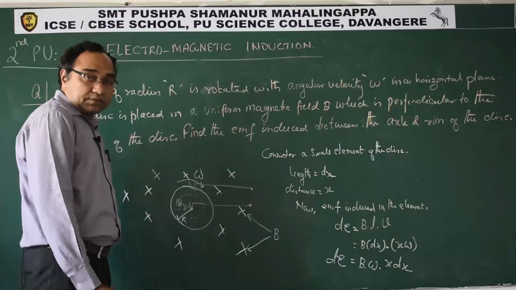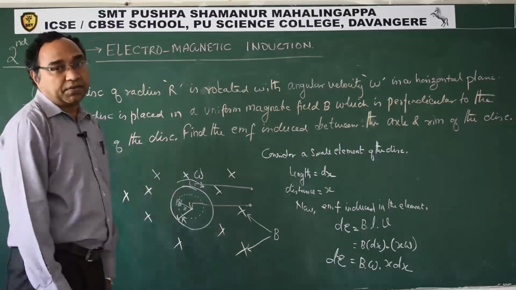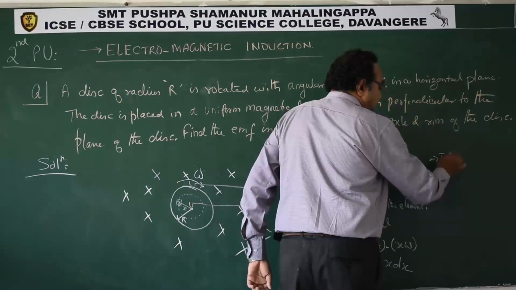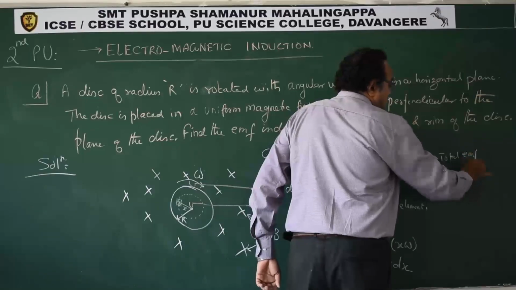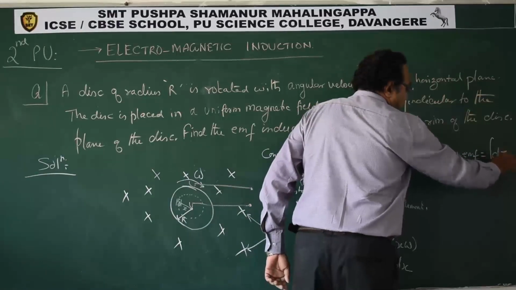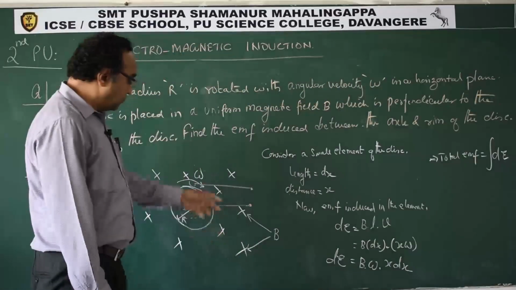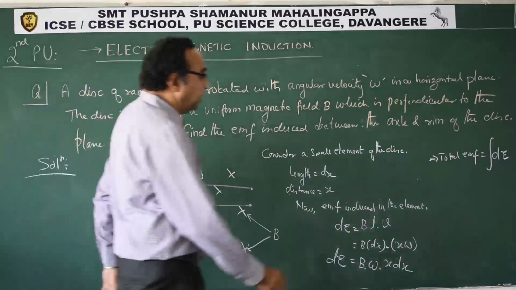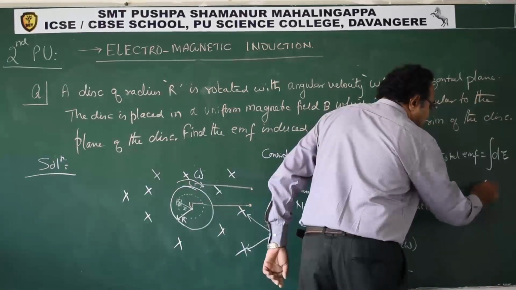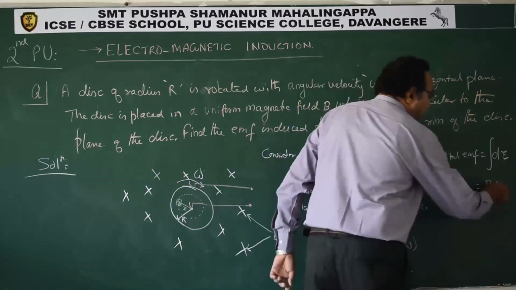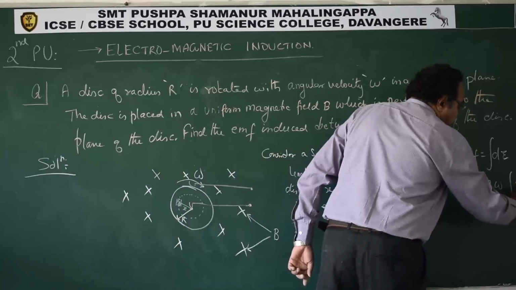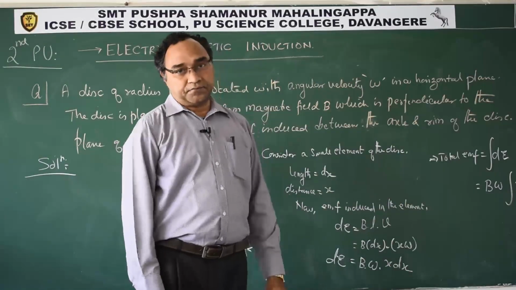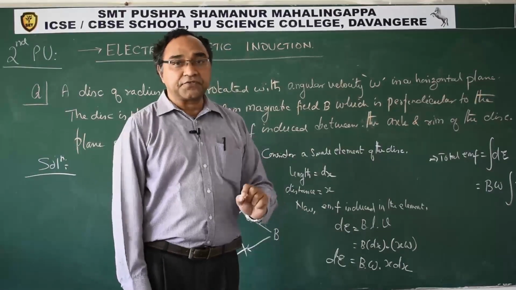If I want the complete total EMF, it will be the integration of dE, the sum of EMF induced in all the elements. So integration of dE gives B omega, which is constant, times x dx. Our variable is x, the distance.